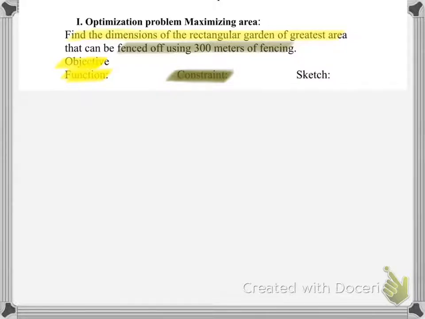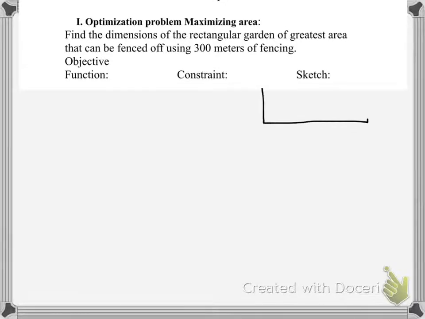So now we need to get a sketch going. We do have objectives and constraints. Let's do a sketch. I see that I'm going to make a rectangular garden. So here's a rectangle. Let's label the rectangle. Let's make this x, because rectangles have parallel congruent sides.